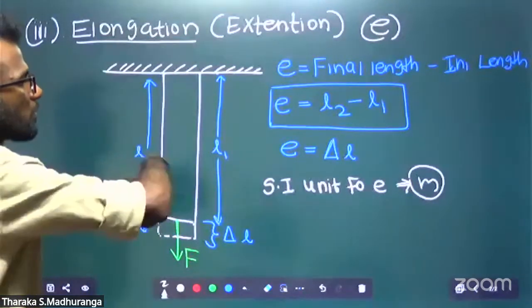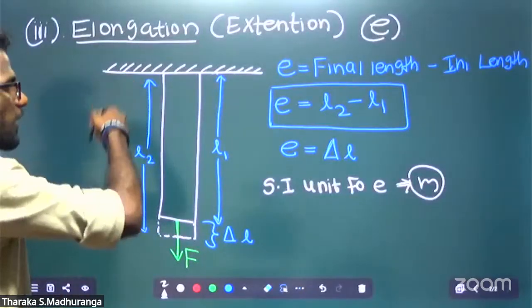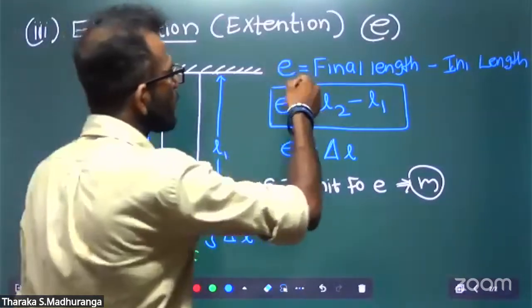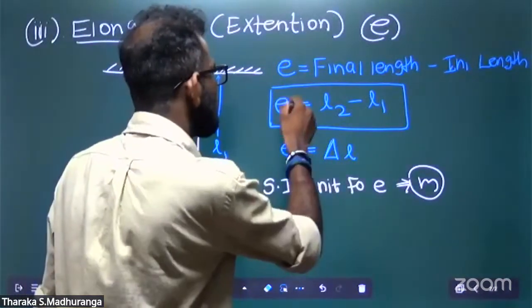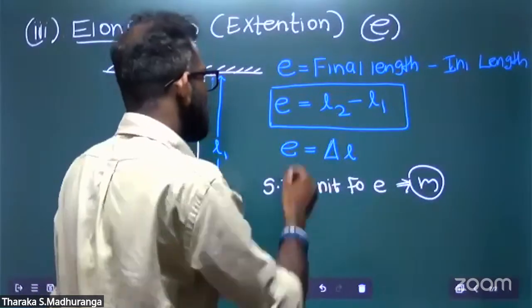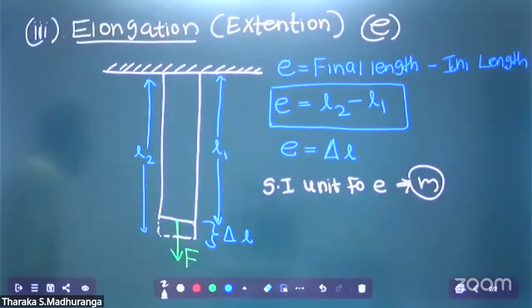Draw this diagram and write down: elongation equals final length minus initial length. The elongation e equals L2 minus L1. It is delta L. Okay, I think you can get the full idea from this diagram.